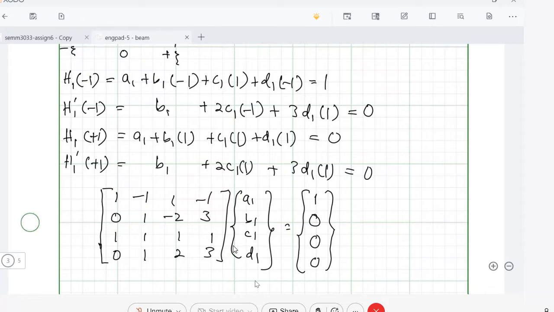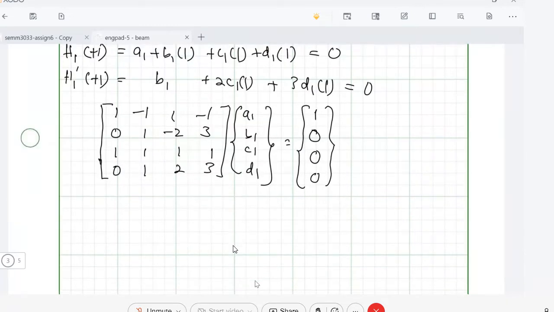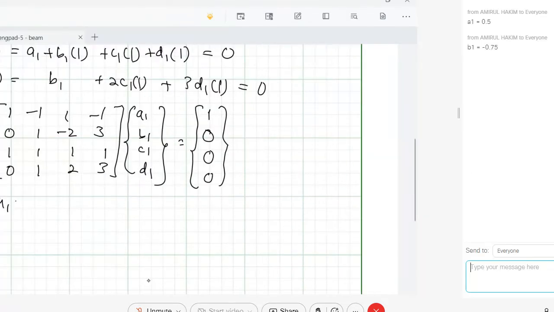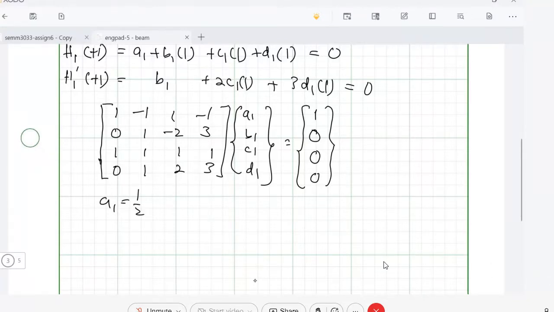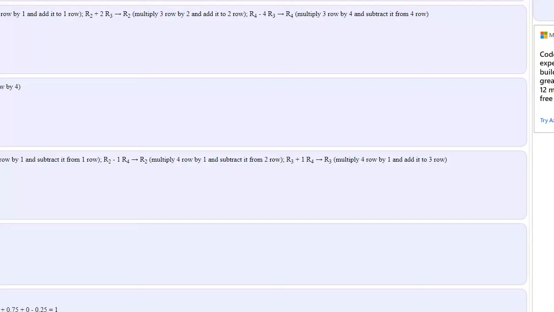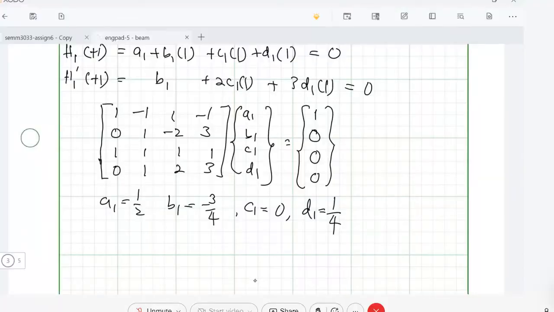So from Gauss-Jordan elimination, what I get here is A1 equal to half, B1 equal to minus 3/4, C1 equal to 0 and D1 equal to 1/4. Okay, so this is my answer.